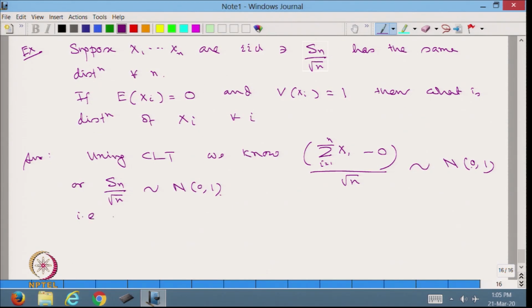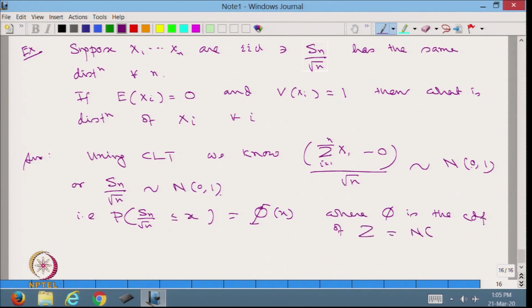That is, the probability Sn upon root n less than or equal to x is equal to phi x, where phi is the CDF of Z, which is normal 0 1.